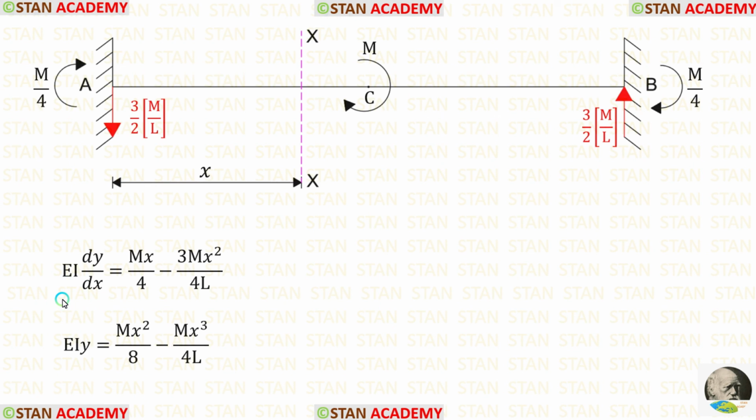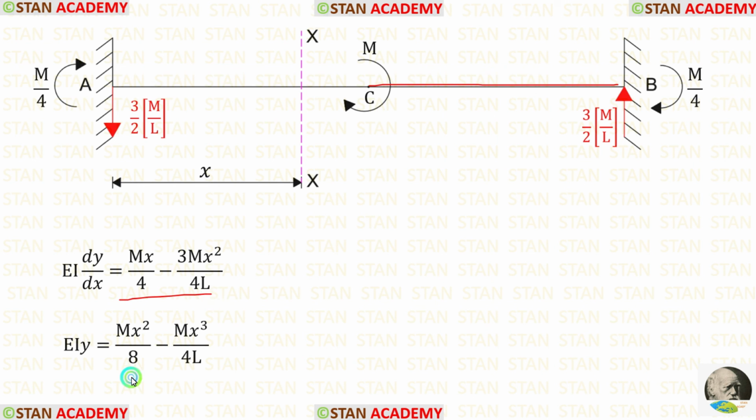We have made the equations for the slope and deflection. These equations are only valid from the point A and up to the point C because we have made the section between these points. To make the slope and deflection equations from the point B and up to the point C, we have to make the section between B and C. But on the right side, no need to make the equations.